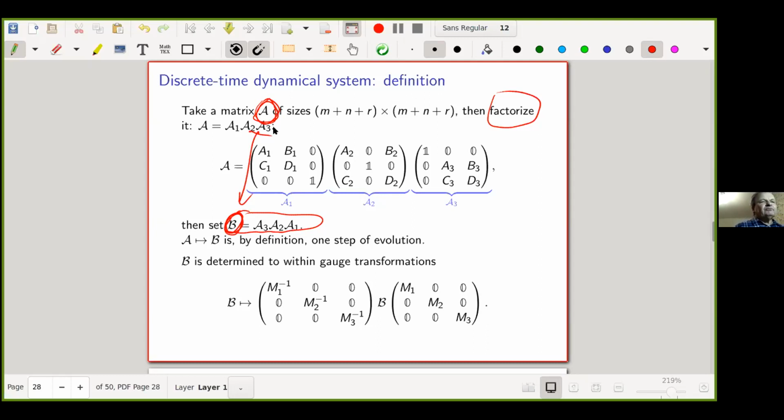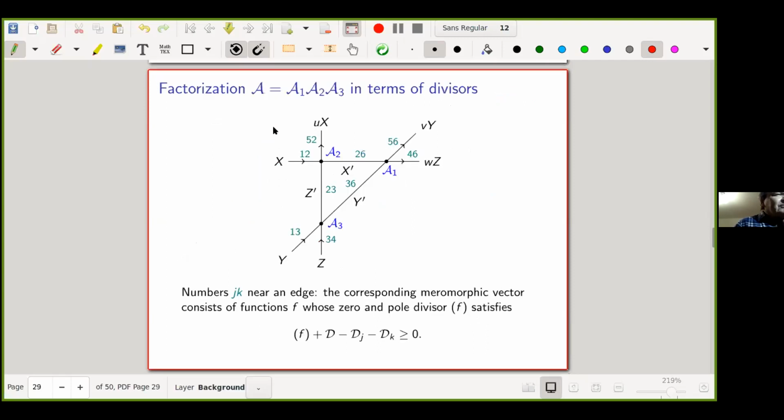Now, what is good about that algebraic curve in connection with this evolution? Look at this picture.